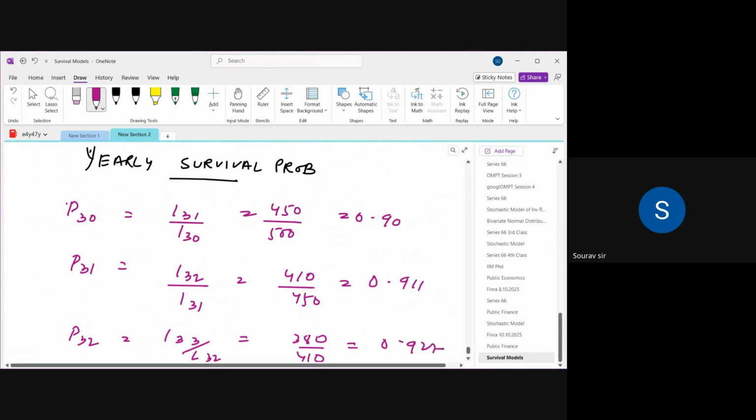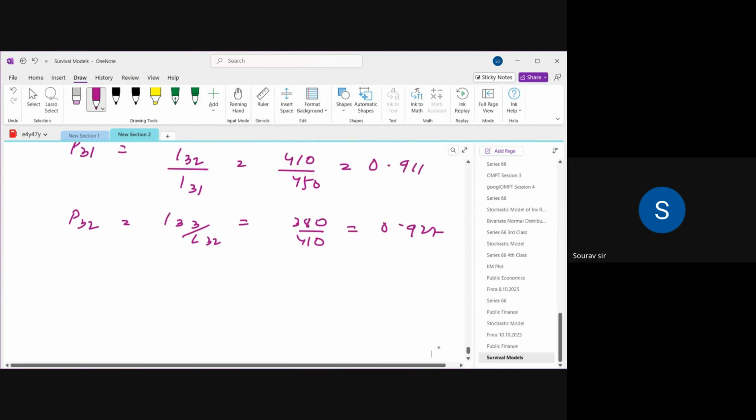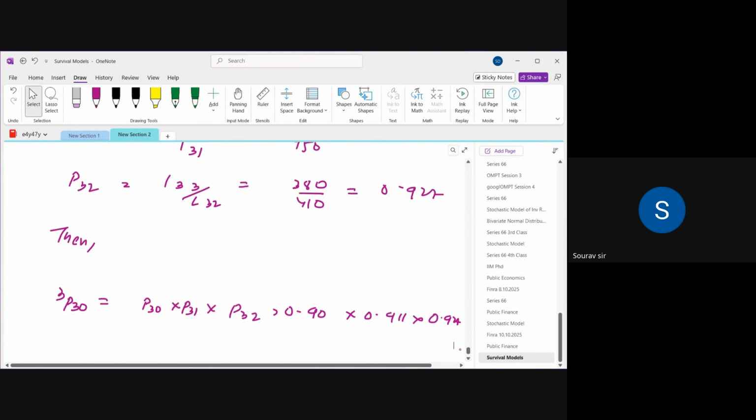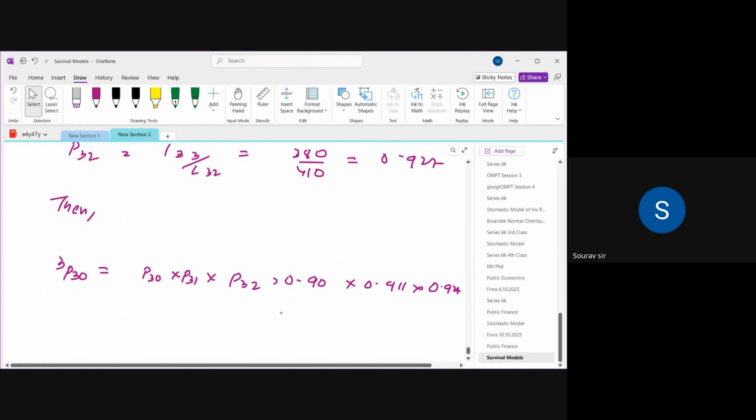I showed you two ways; whichever you find easy, you can do it. 3p30 will be p30 multiplied by p31 multiplied by p32: 0.90, 0.911, 0.927. So it is 0.761, so the answer is 0.76.